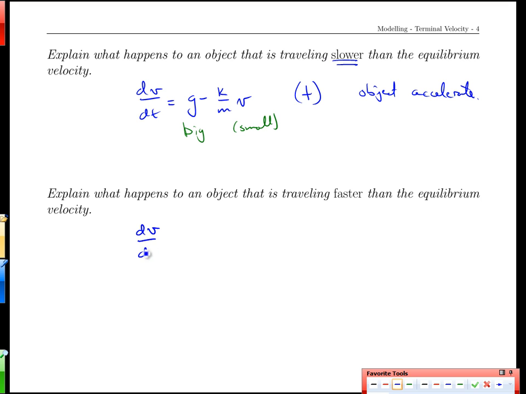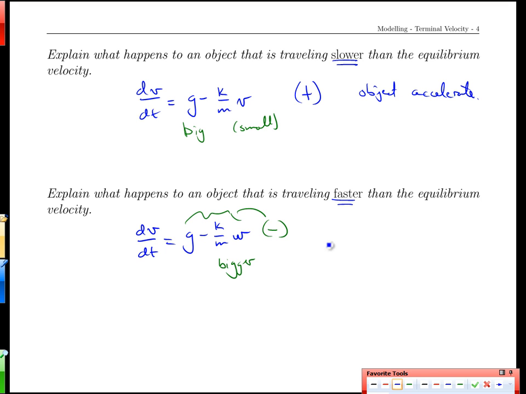However, if we had an object, say like a bullet from a gun, in that type of scenario, we could be moving very, very quickly at first. So this term is bigger. And if this term is bigger, then we end up having a negative sign overall for this whole thing. And that means that if something was going too fast, the acceleration due to air resistance would be more important than the acceleration due to gravity.